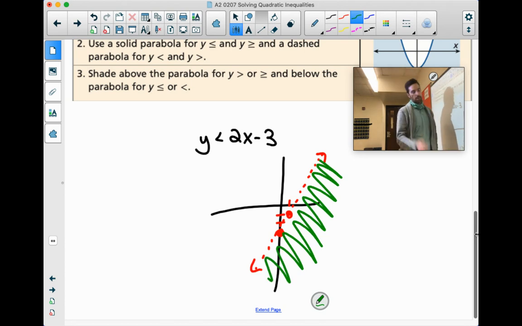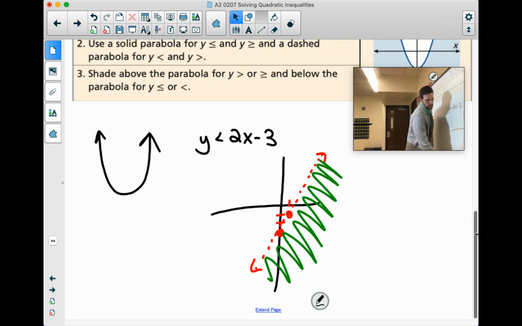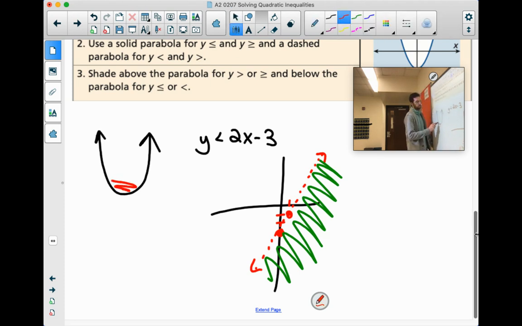It's the same kind of idea today, except you're going to have these parabolas, and you're going to be shading either above the parabola, like this, or below it, which would be everything else.